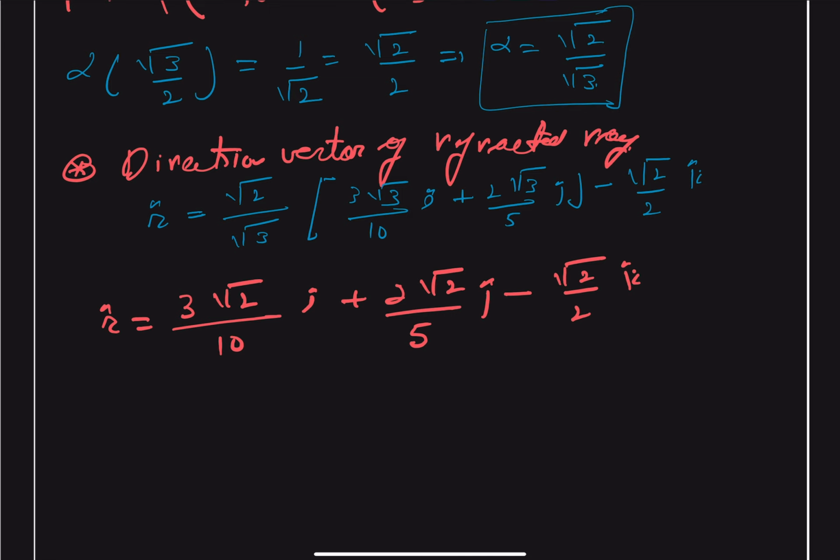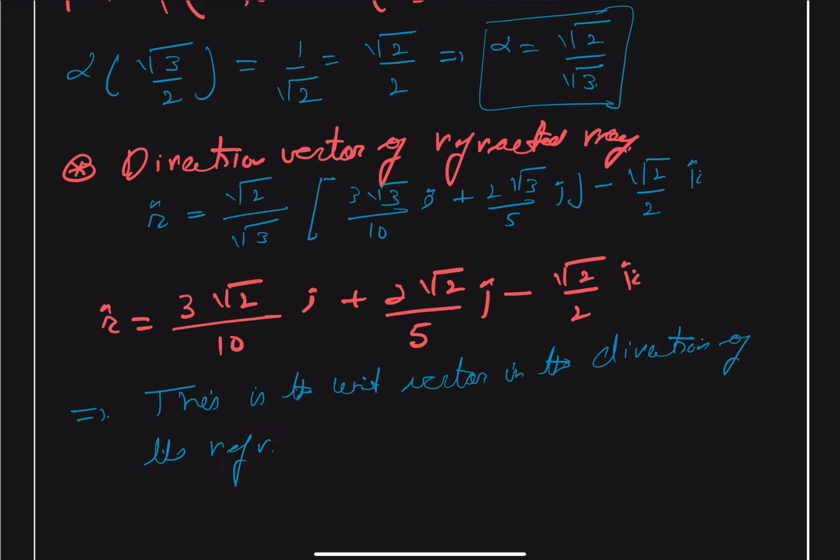So it means this is the unit vector in the direction of the refracted ray in medium 2.